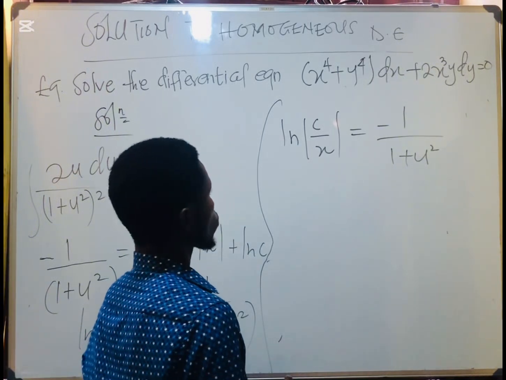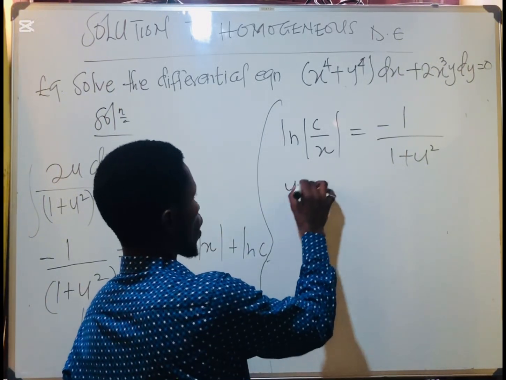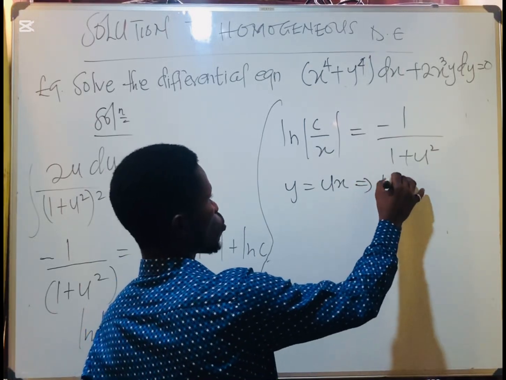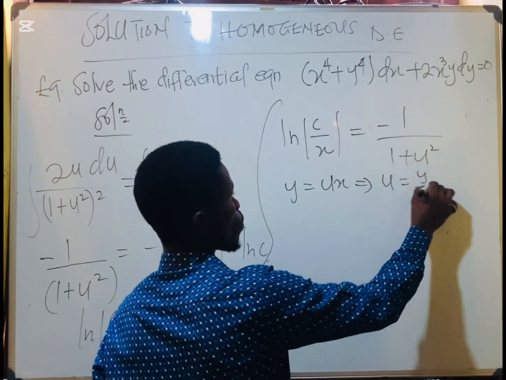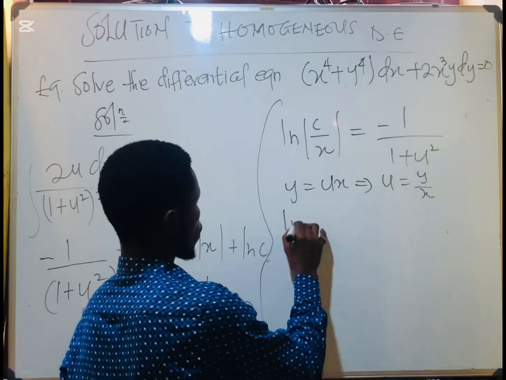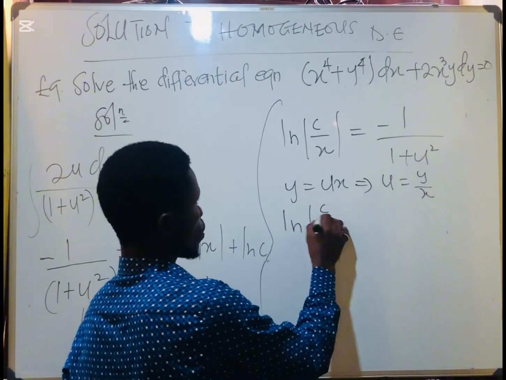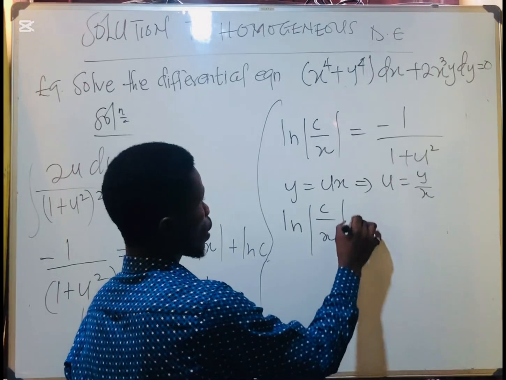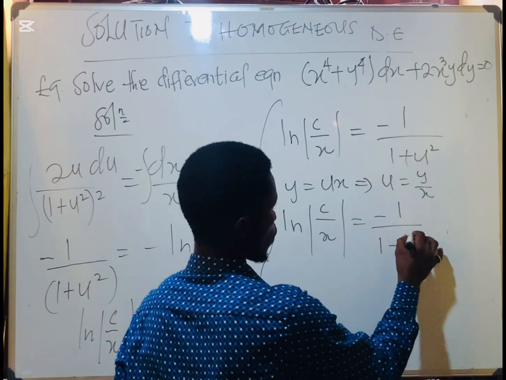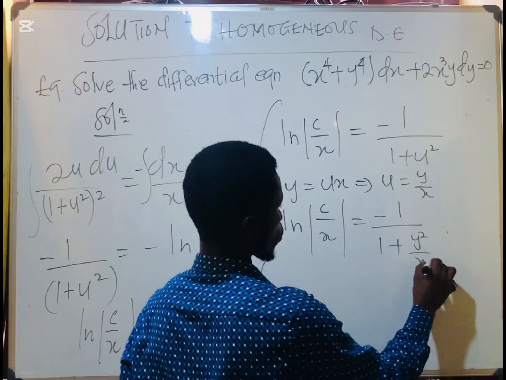Good. So now looking at this one, we said that y is equals to ux. Means that u will be equals to y over x. So you have to transform back. So I'm going to have ln c over x equals negative 1 over 1 plus y squared over x squared.